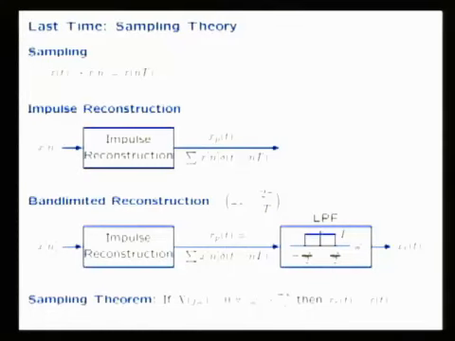Okay, is that all clear? The point is we're trying to represent the information in a CT signal using DT, and that the Fourier transform is a very good way to visualize when you can do that and when you cannot do that.